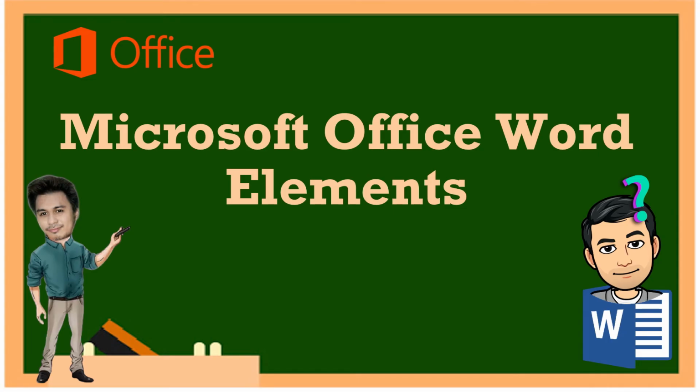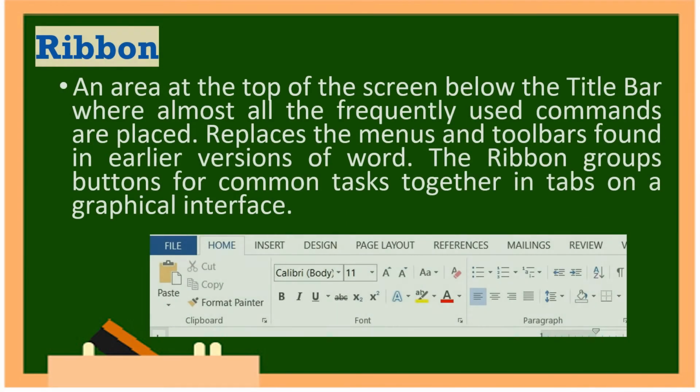Alright, so Microsoft Office Word elements. So let us know the meaning of each element in Microsoft Word. We have the ribbon, the area at the top of the screen below the title bar where almost all the frequently used commands are placed. It replaces the menus and toolbars found in earlier versions of Word.